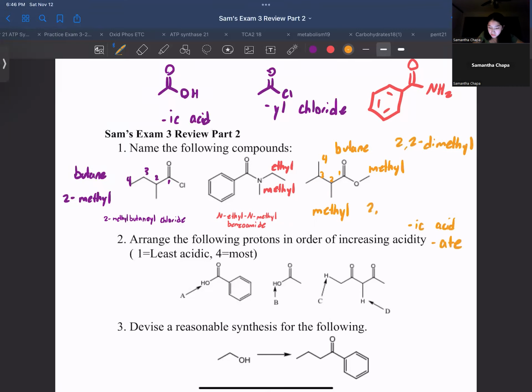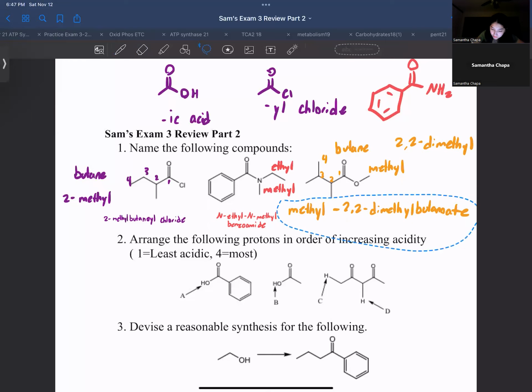So methyl 2,2-dimethyl butanoate. Let me resize this. There we go. And that'll be the name for this one.